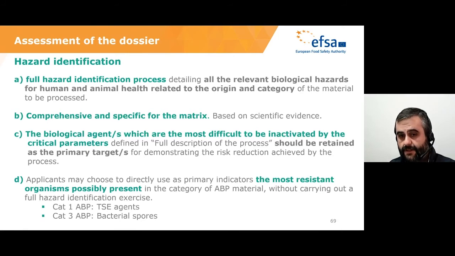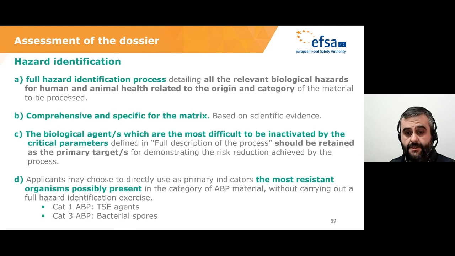It's okay for the applicant to just focus on TSE agents without taking care of what other bacteria or viruses could be present in the material, because any process that is controlling TSE agents would, of course, control also any other biological hazards that may be present there.